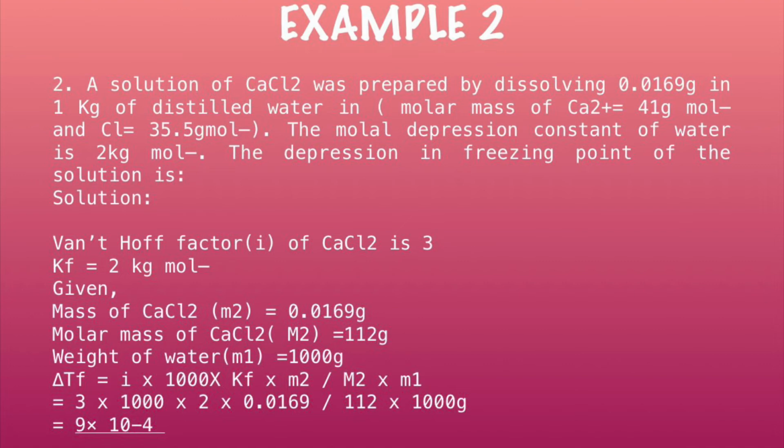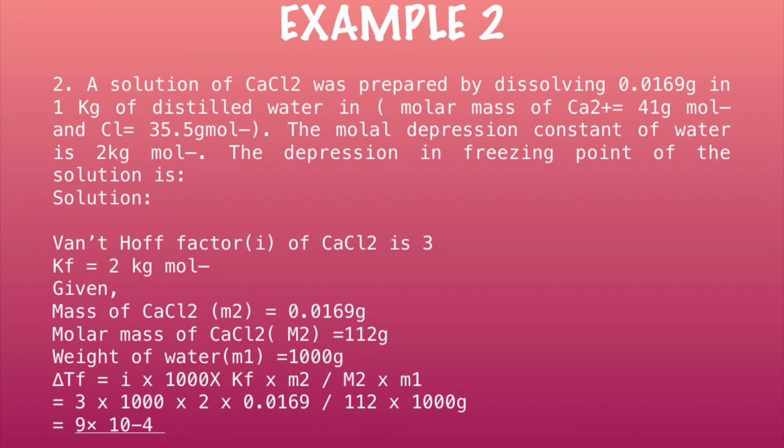The depression in freezing point of the solution is... and we have the solution of this problem here, which says that we have to calculate the van't Hoff factor of CaCl2, which equals 3. Then we have Kf equals 2 kilograms per mole.